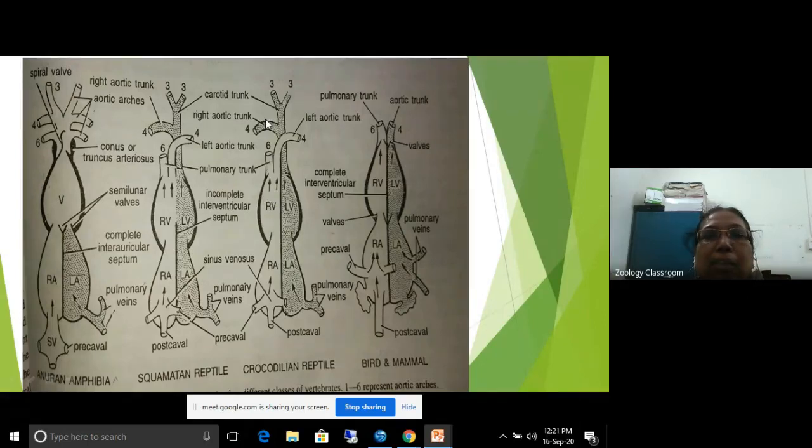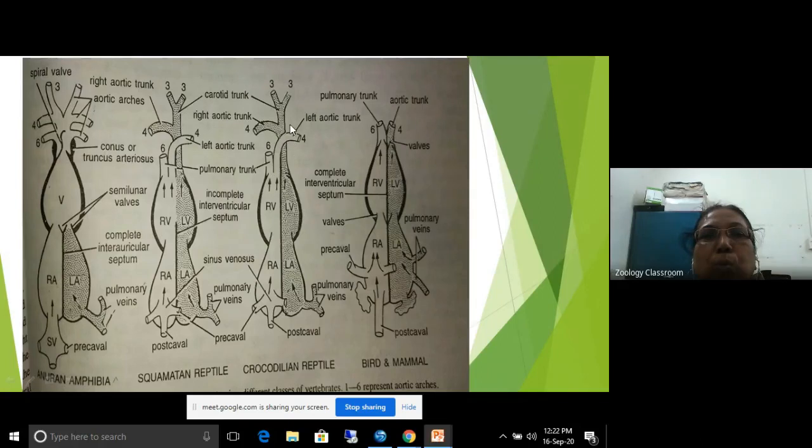But when the left trunk and right trunk cross each other, there is one hole, and this hole is called foramen of Panizza. Then this blood is mixed and supplied towards the whole body, and it is present only in the crocodile. In the crocodile there is a four chambered heart, the interauricular septum is present, the interventricular septum is present, and pure and impure blood are fully separated.